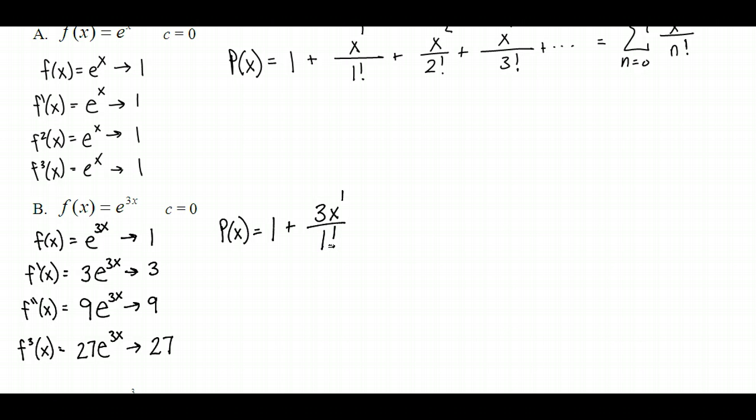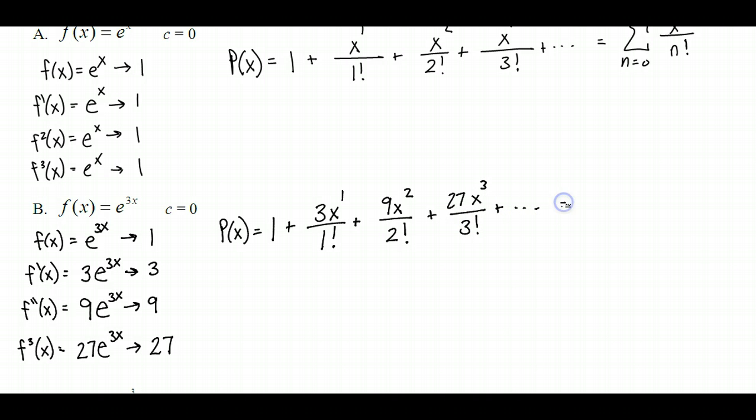And I know that you can simplify this, but again, like I said, it's really nice to write it all out because then you can see the pattern on what's happening. So the second derivative, okay, I know that the constant is a 9, so it's 9x squared divided by 2 factorial. And the third term would be 27 x cubed divided by 3 factorial plus ... as we go through here.